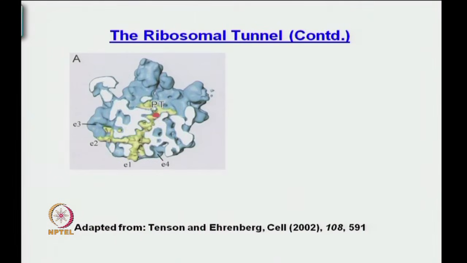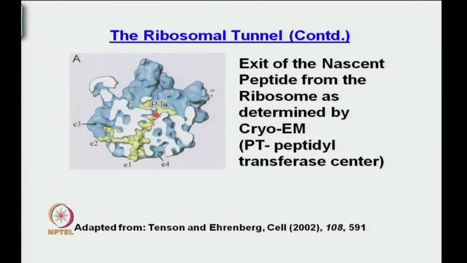Now, continuing on with the ribosomal tunnel, this panel is a cryo-EM figure. It shows the exit of the nascent peptide from the ribosome as determined by cryo-EM, where PT or PTC stands for the peptidyl transferase center. Here you will see this red dot again being the PTC. When you come down, you have these different labels E1, E2, E3, E4.